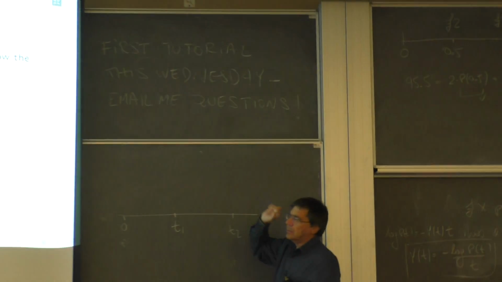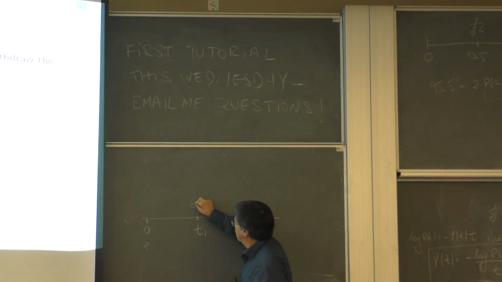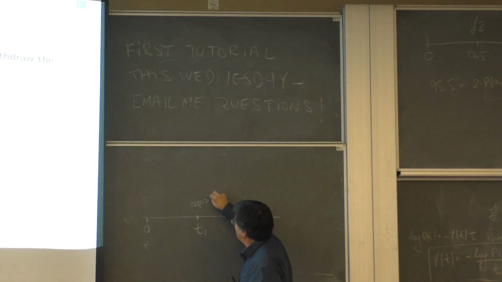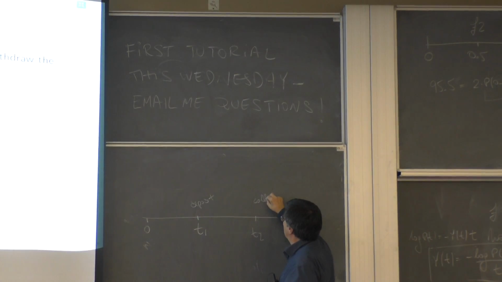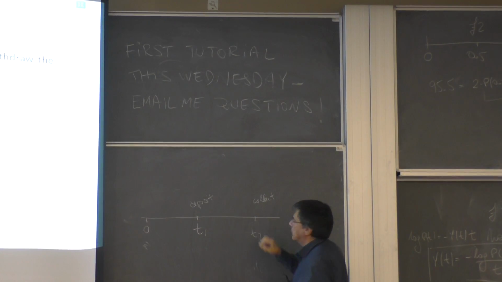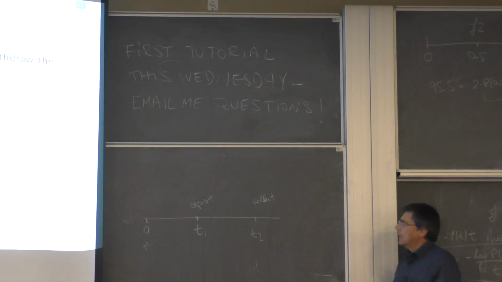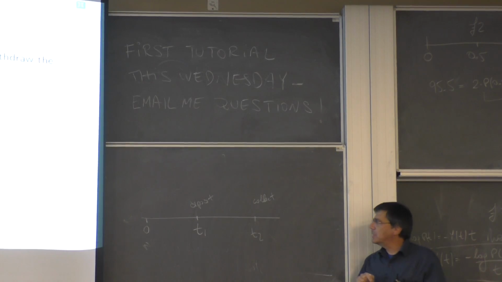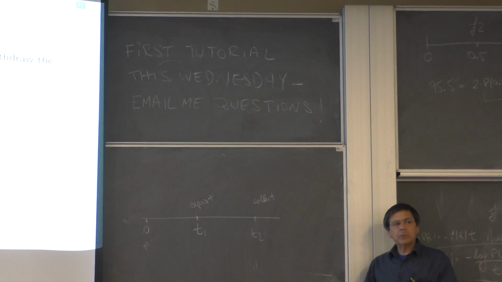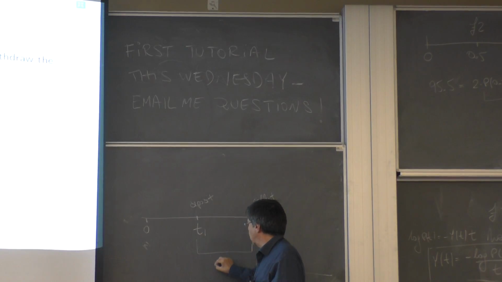So in the example I'm giving you there, I want to deposit some money at time t1, and I want to collect the balance at time t2. And the question is, when I do that, can I agree, or is there a sensible way to agree now at time 0 on an interest rate which is going to apply for this future period of time? So what is the interest rate here?